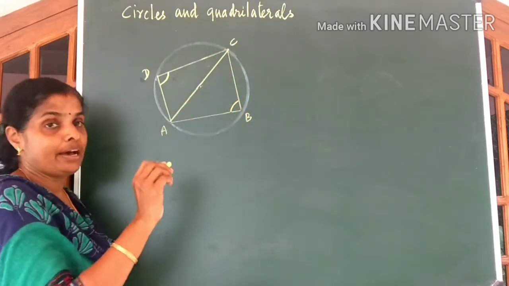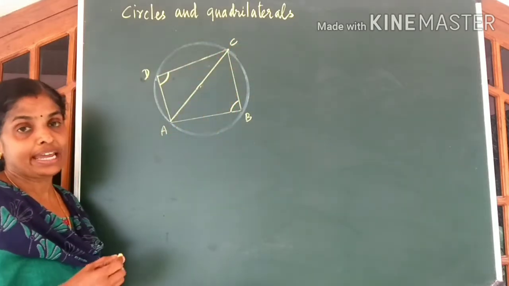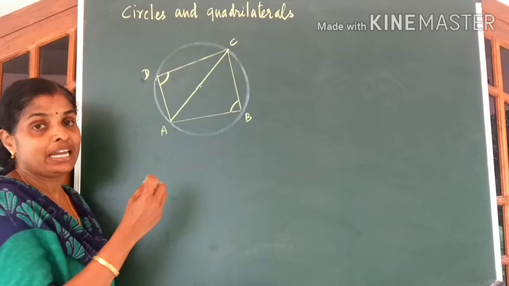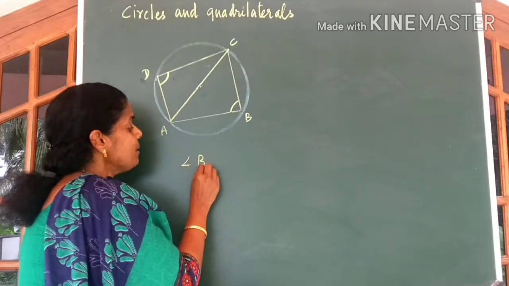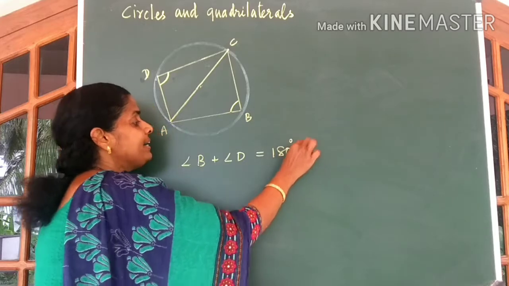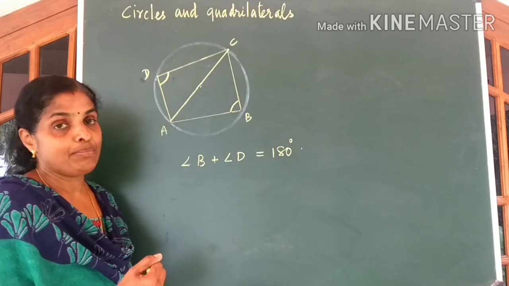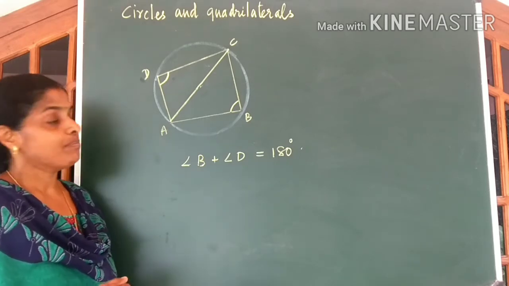ABC is an arc, ADC is its alternate arc, and we have studied before angle B plus angle D to be equal to 180 degree. The same statement can be said in another way.